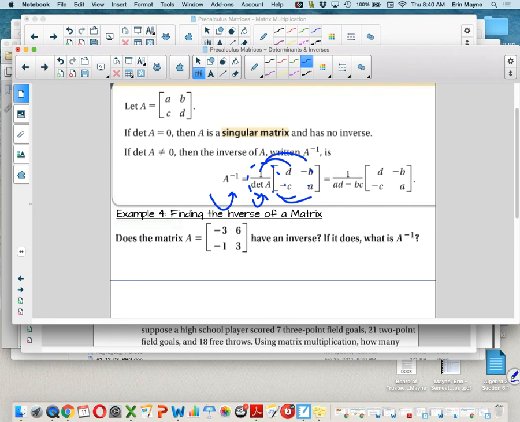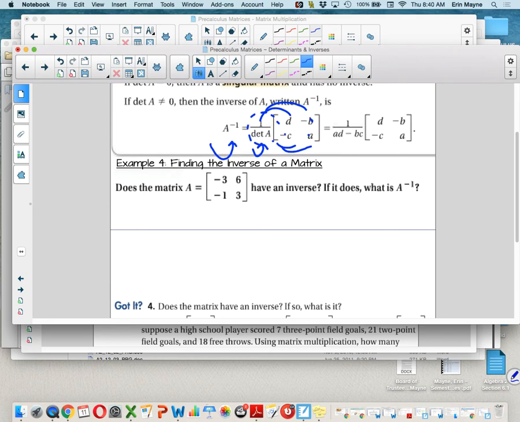Don't let that confuse you. It's not hard. All you're going to do, if I want to find the inverse in example 4, is follow that same process. So, for a clean 2 by 2, I'm going to take the two corner ones and flop them.